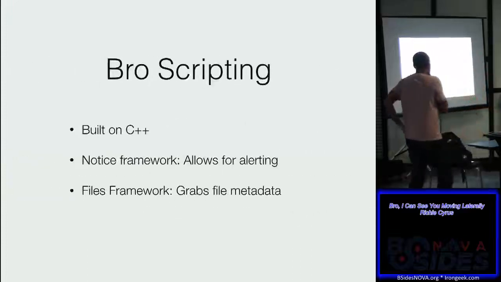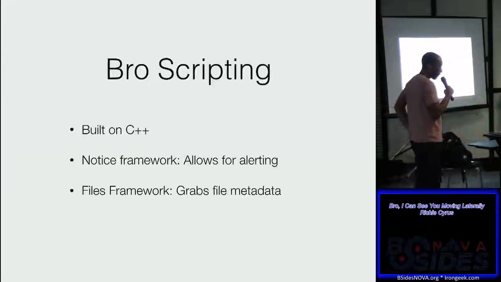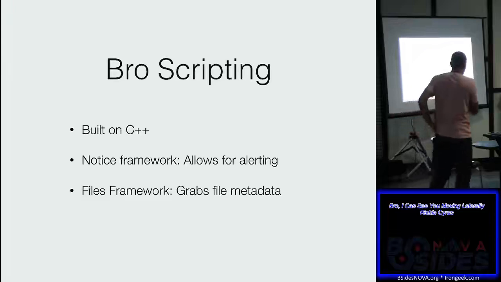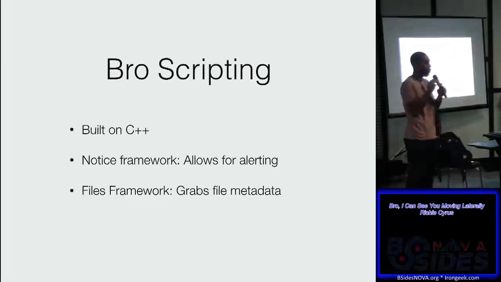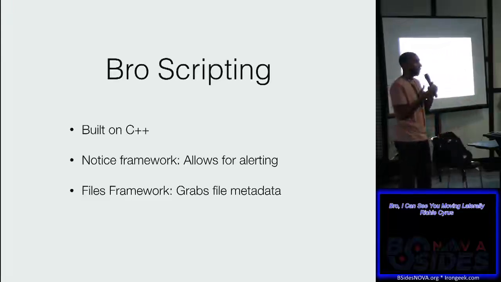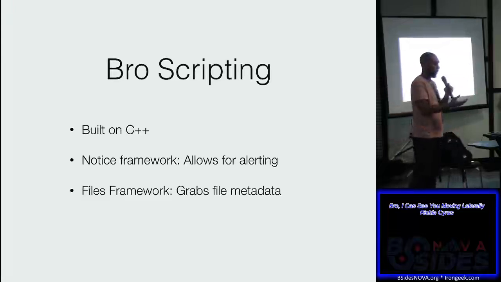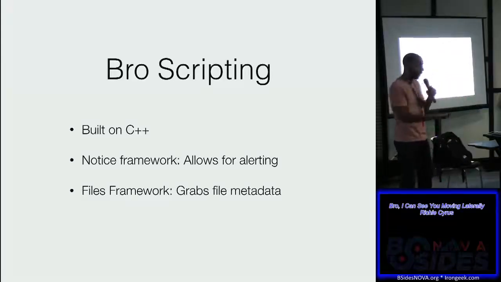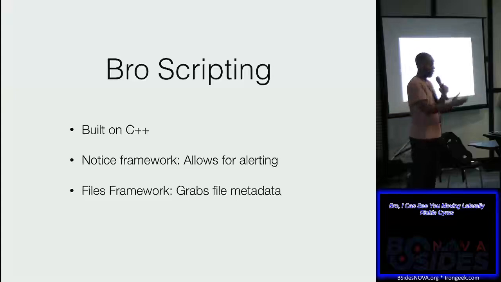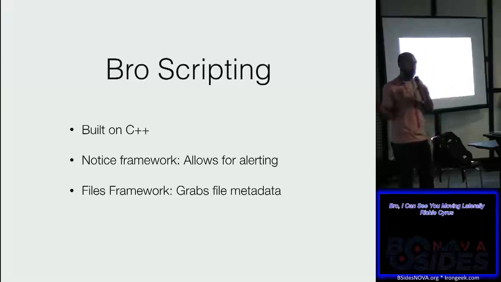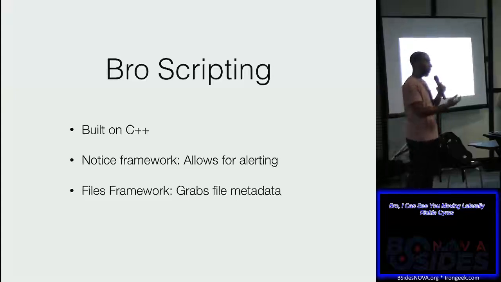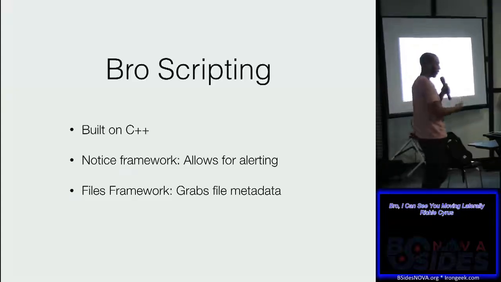And so Bro scripting is based on C and C++. It also has a notice framework. What you would see with a lot of Bro scripting is that you can look at activity that is happening on the network, look at the logs, and then create a script based on a particular use case you're trying to solve. And that's what I did primarily in the research that I've done so far.